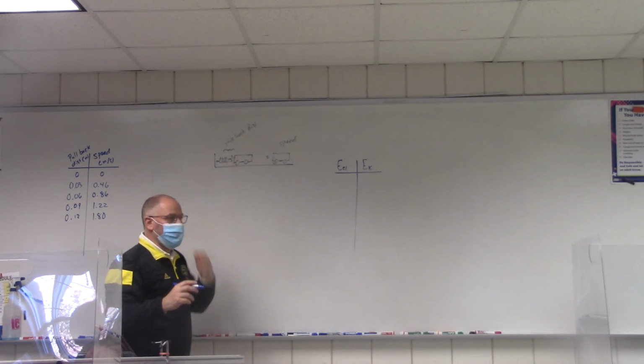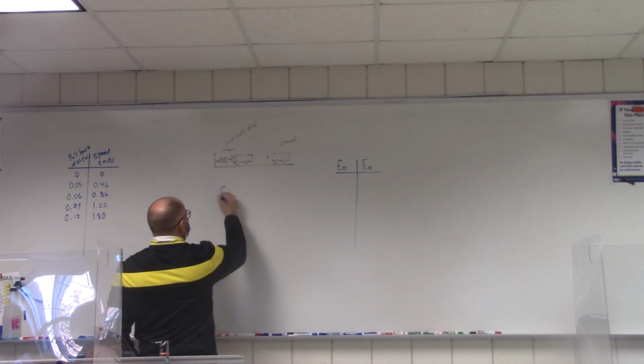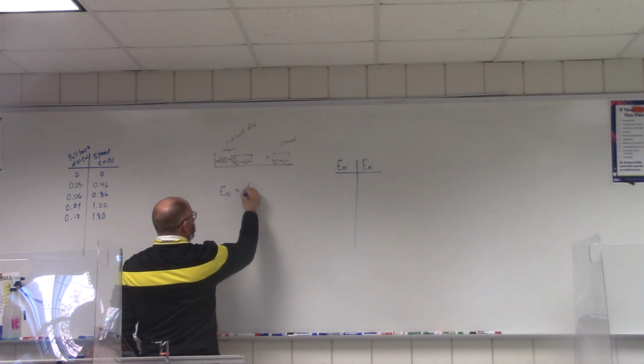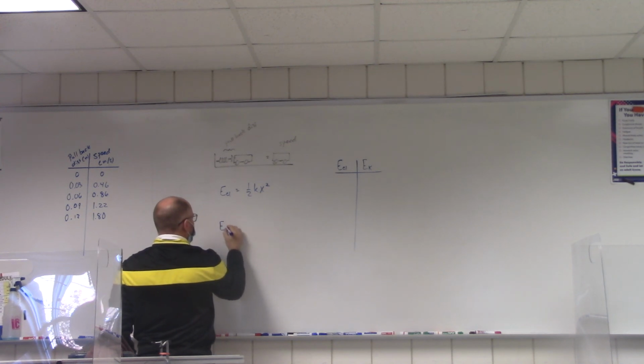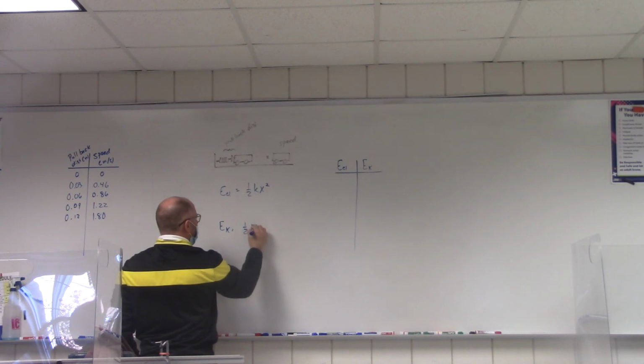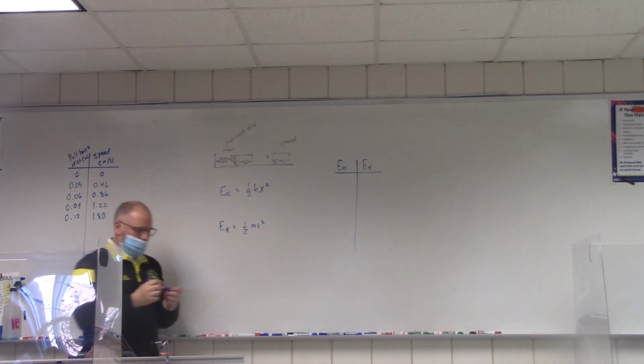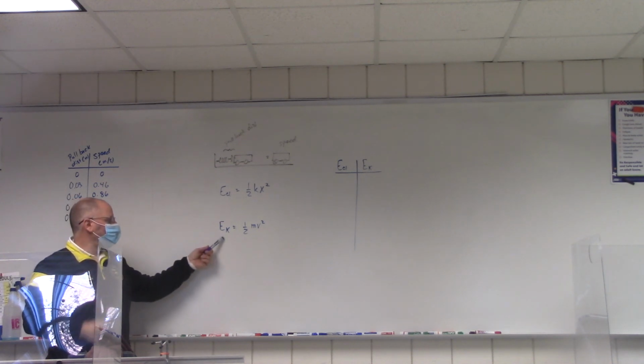Well, how are we going to find the elastic energy? From our studies, we know it's 1/2 k x squared. And kinetic energy is 1/2 m v squared. So, in order to find the kinetic energy, what 2 things do I need to know?